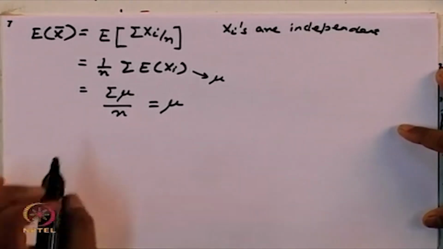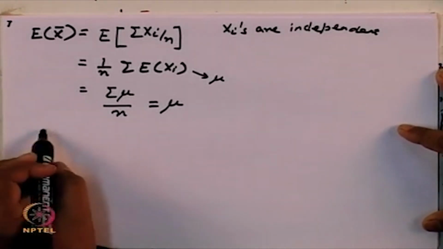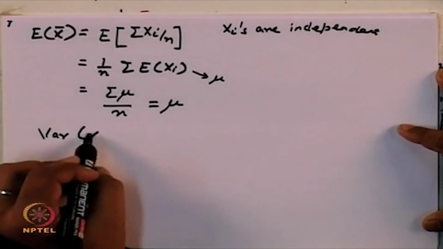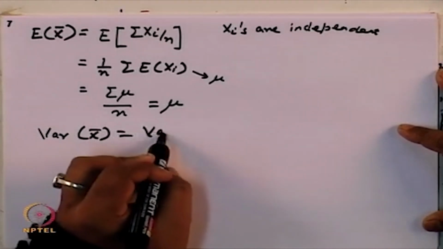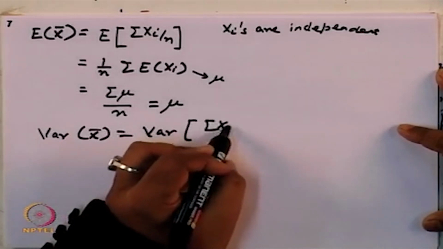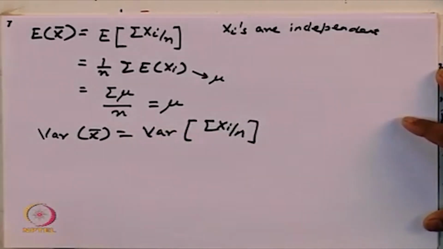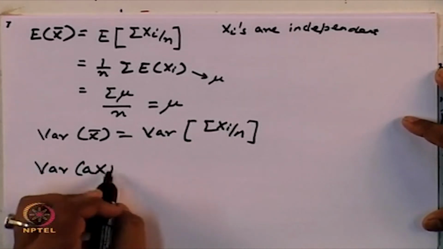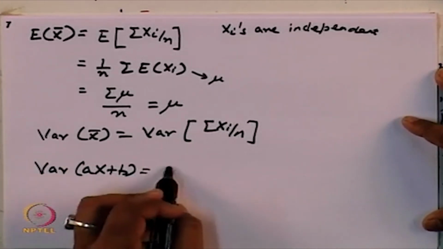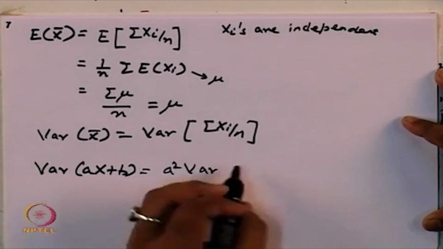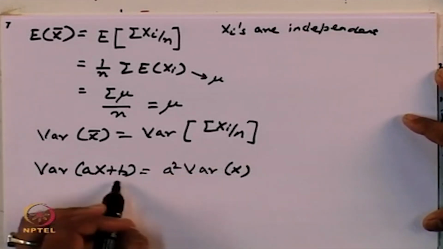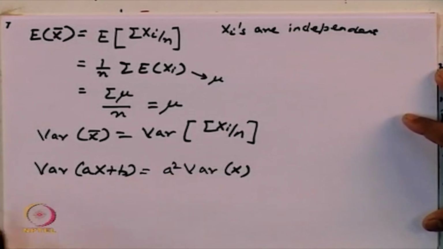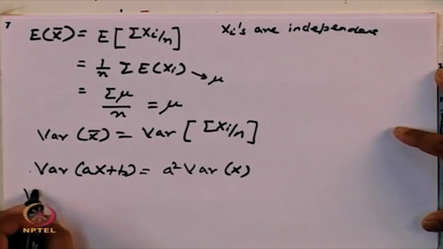And what about the variance of x bar? The variance of x bar is the variance of summation xi by n. You remember the expression we derived: variance of ax plus b is a square variance of x, and b does not come into the picture.